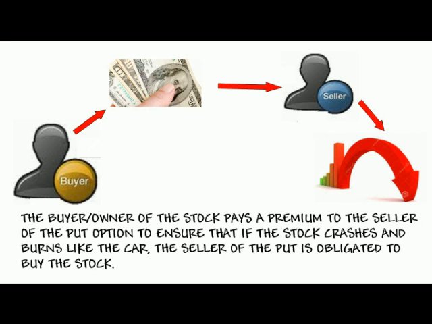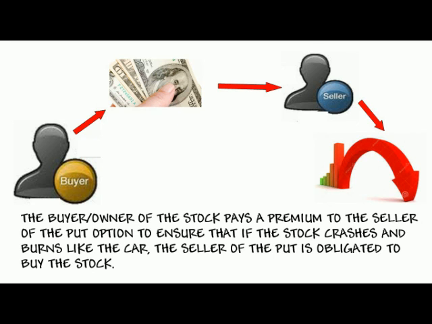The owner of that particular stock pays you a premium just in case that stock crashes and burns. And what I mean by crashes and burns is that the stock falls to a price that you had agreed upon. Then you, as the seller of the put, are obligated to buy the stock. This is the reason why you collect premiums as a put option seller.